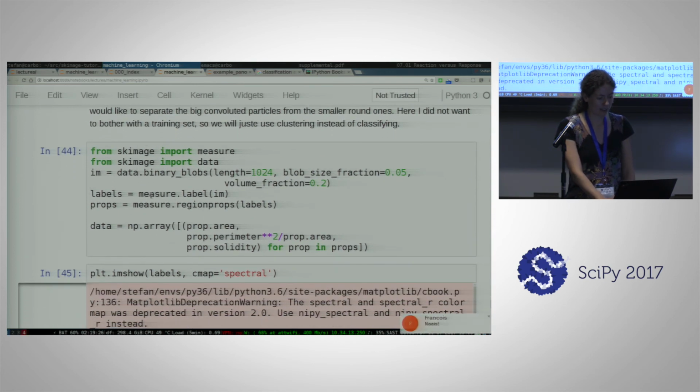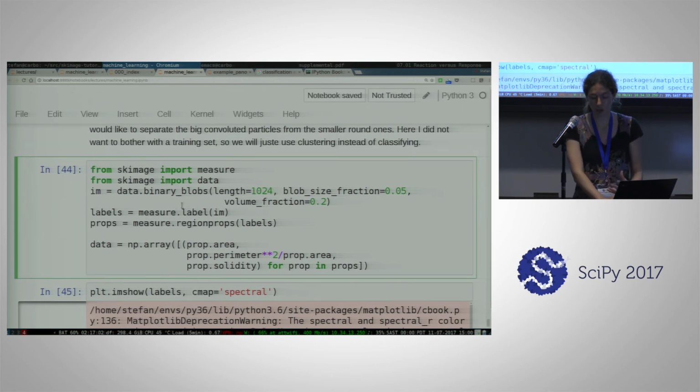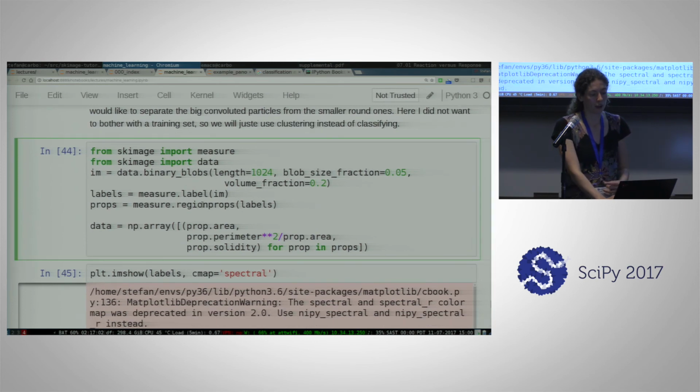And after I define an image of labels, and remember that Claire introduced this measure.regionprops function for the labels, which can be used to compute the area, the perimeter, the solidity for every labeled object.